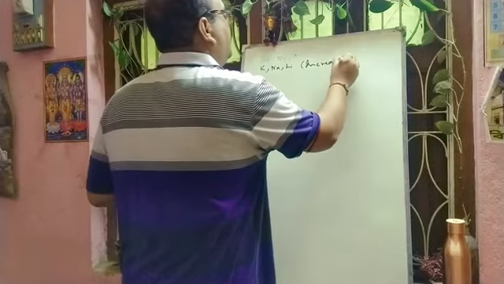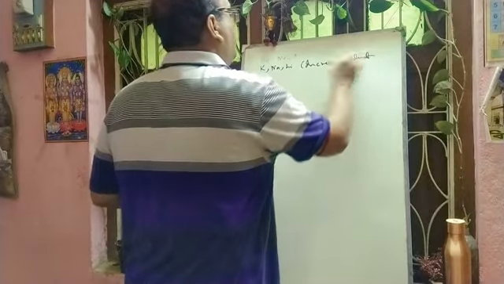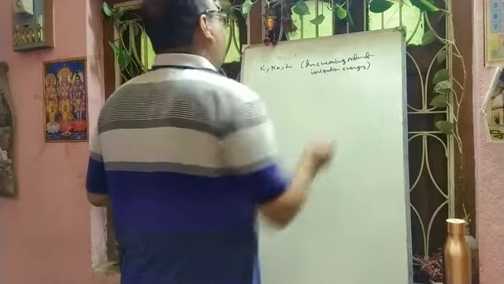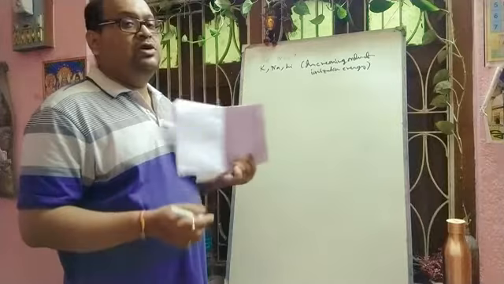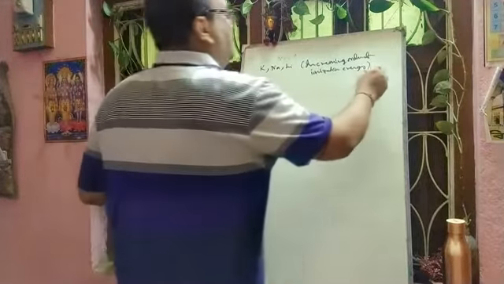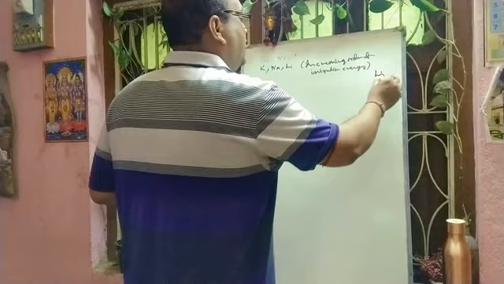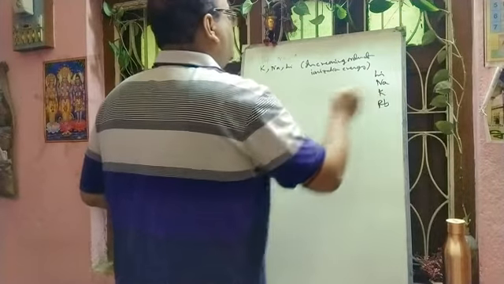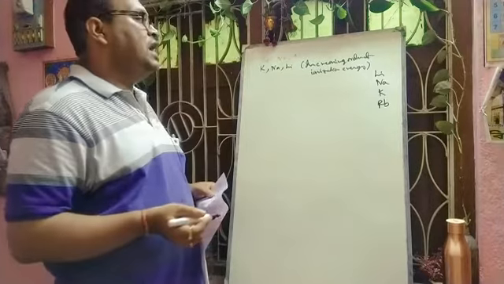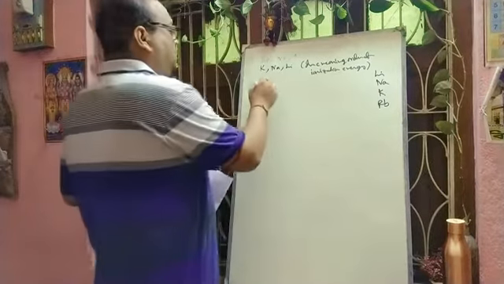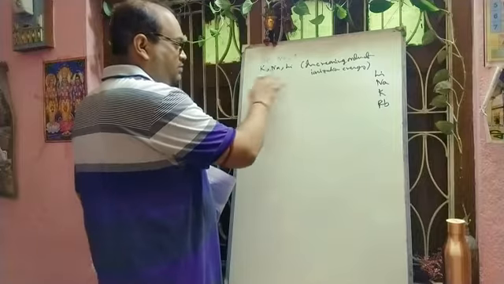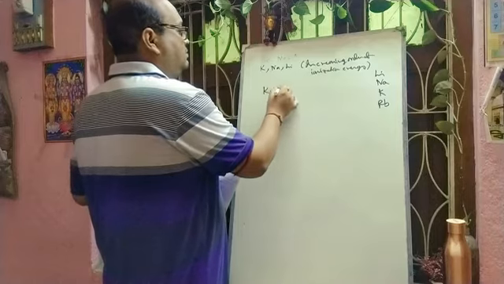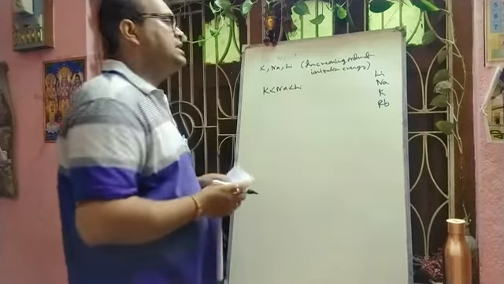Just now I have discussed that lithium has the highest, then sodium, slowly decreasing from top to bottom, then rubidium. So in increasing order of ionization energy, your first will be potassium, the lowest among these three. Potassium is the lowest, then sodium, then lithium. Lithium has the highest ionization energy.